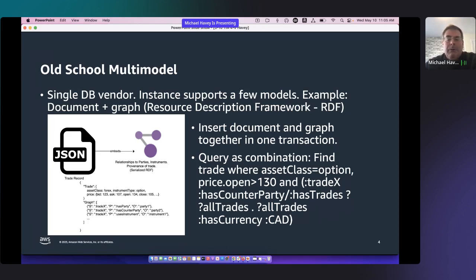So for example, we might want to find a trade where the asset class is option, the opening price is greater than 130, and the counterparty trades might match a particular currency, for example. So we're running a combined query that's querying both the document-oriented parts of the model as well as the graph parts of the model.